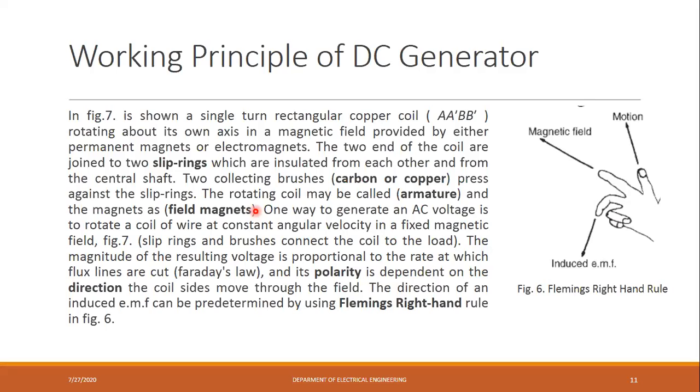Whenever a rotating conductor, that is the armature, is placed in a magnetic field, it cuts the magnetic fluxes, and EMF will get induced in that conductor.